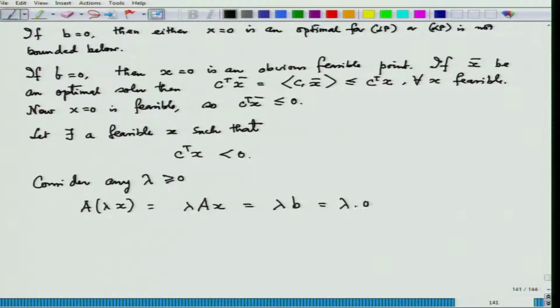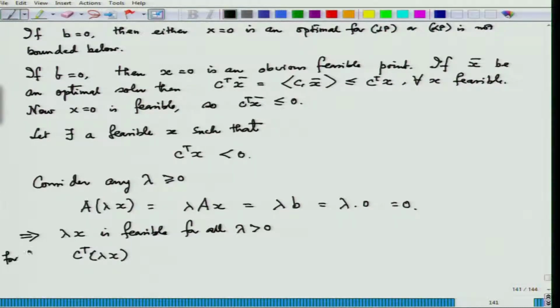So, lambda times 0 is equal to 0. This would imply that lambda x is feasible for all lambda greater than 0. Therefore, c transpose lambda x is also strictly less than 0.